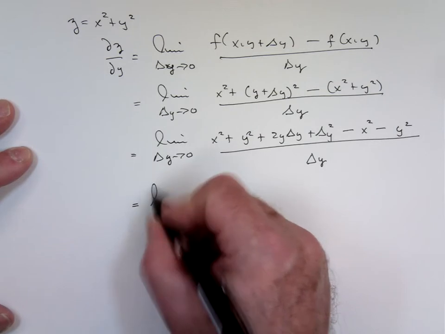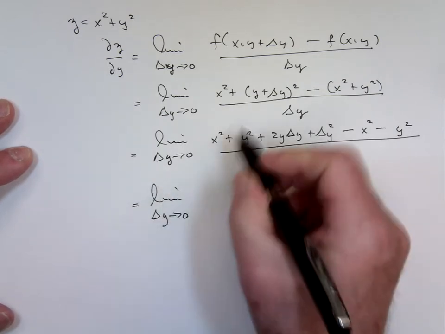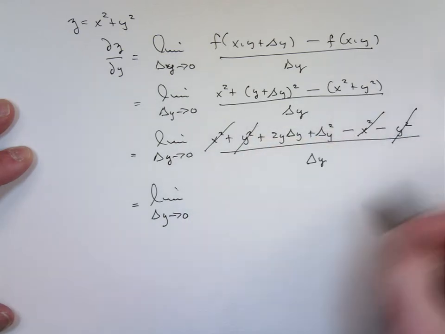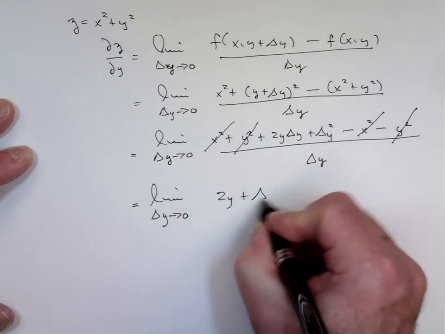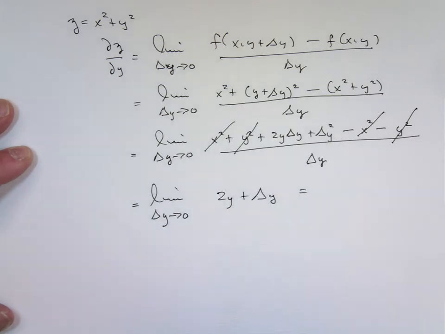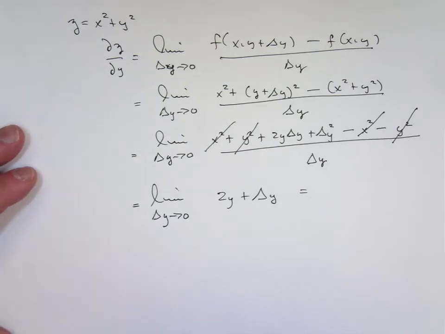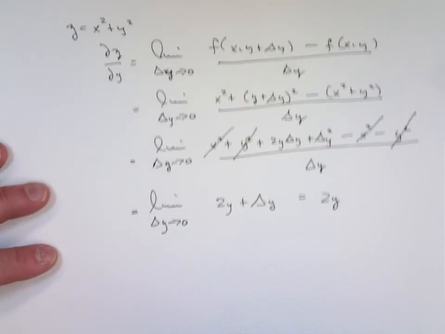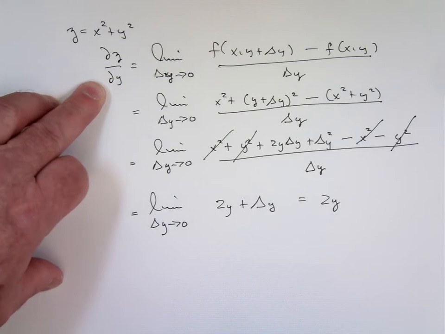The x squares cancel, the y squares cancel, the delta y's cancel. And the limit as delta y goes to 0 is 2y. So the partial derivative of z with respect to y is 2y.